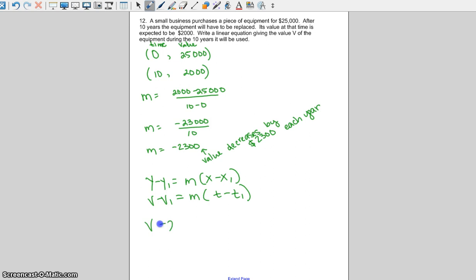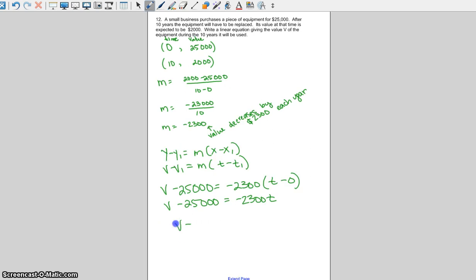So value minus 25,000 equals negative 2,300 times t minus 0. Value minus 25,000 equals negative 2,300 t, and then add that 25,000 to the other side, and it's negative 2,300 t plus 25,000.